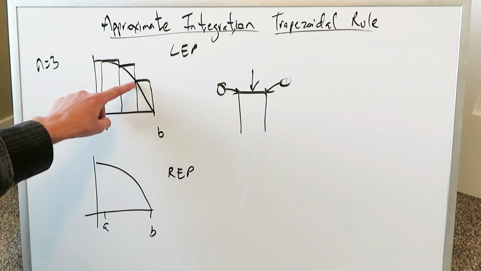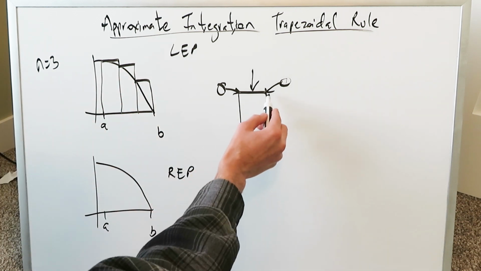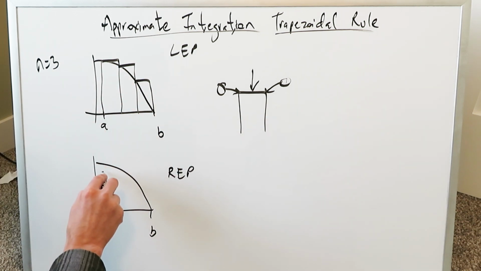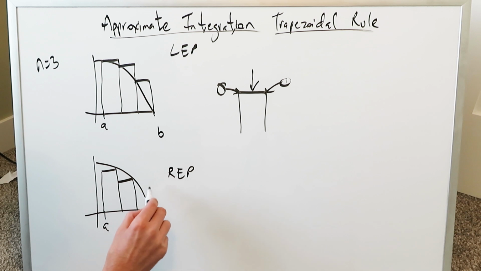The left corner of each rectangle is touching this curve. With regards to the right endpoint, now only the right side of the rectangle must touch the curve, and your curve will be something like this. Again, we're drawing only 3 because we're learning here how the procedure is done. Of course, there are some inaccuracies here, but I'm trying my best to be a little accurate. But you see left endpoint, right endpoint.